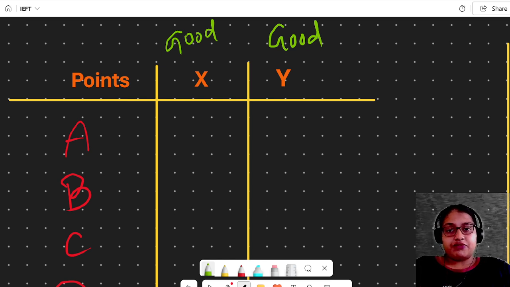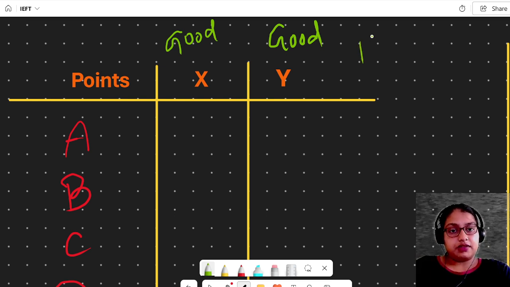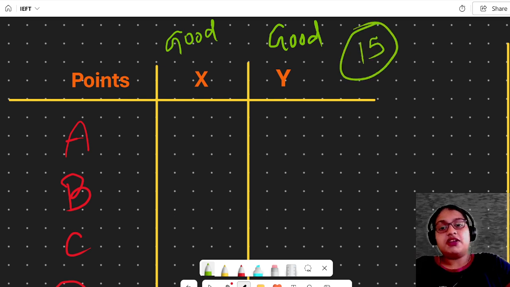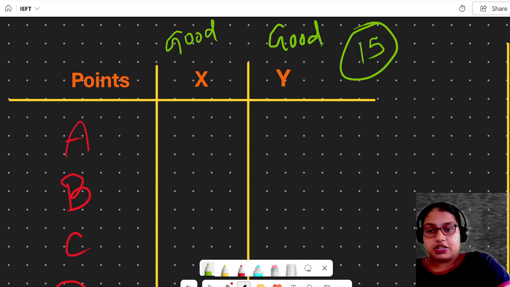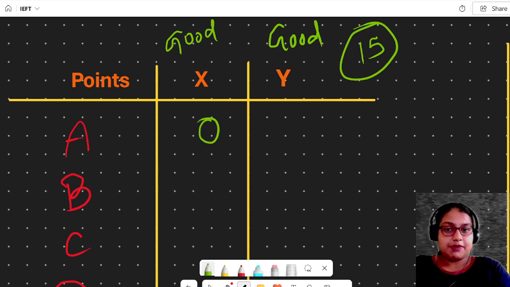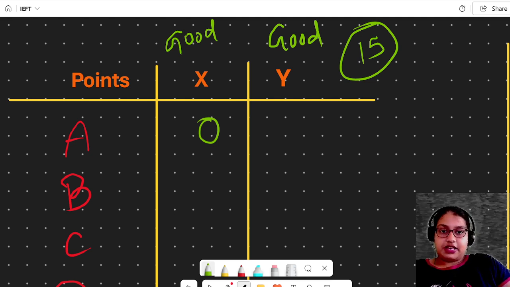So I am trying to produce them. Just keep that in mind: I am not spending any money on X. So what does that mean? 0 production. This year I am not producing anything of X.